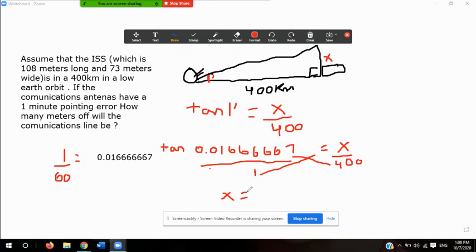kilometers, excuse me, not 400 degrees. The answer that you guys get is 0.116355.